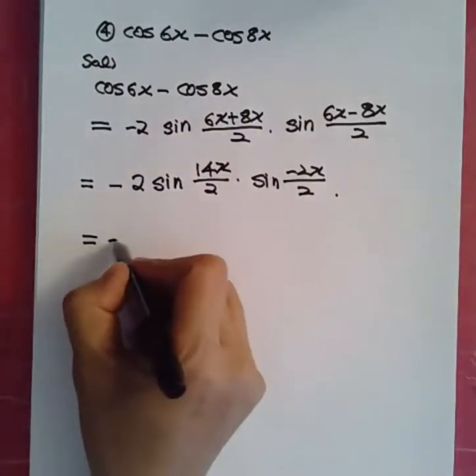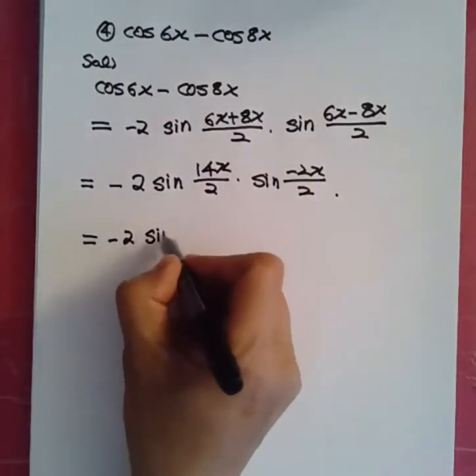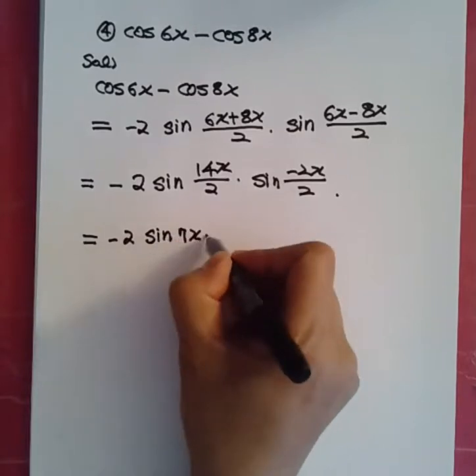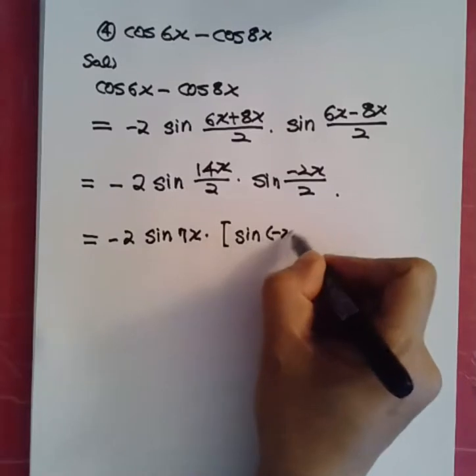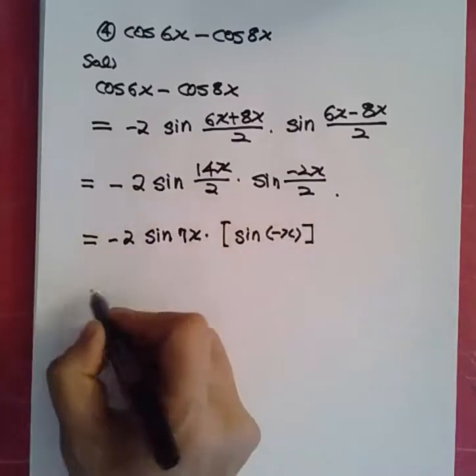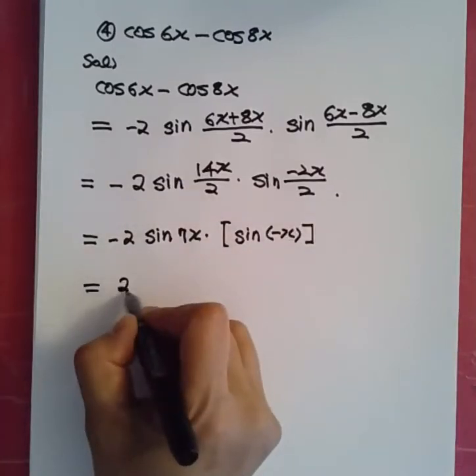So that is minus 2 times sine of 7x times sine of minus x.